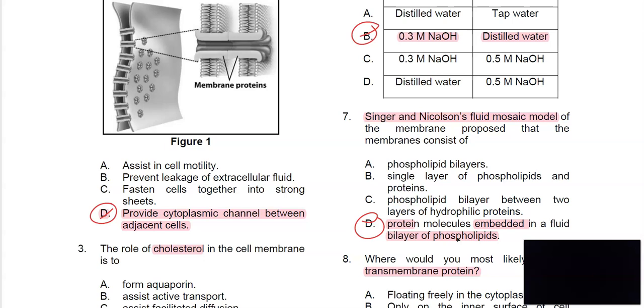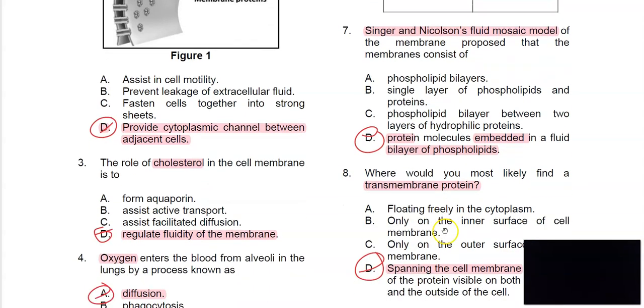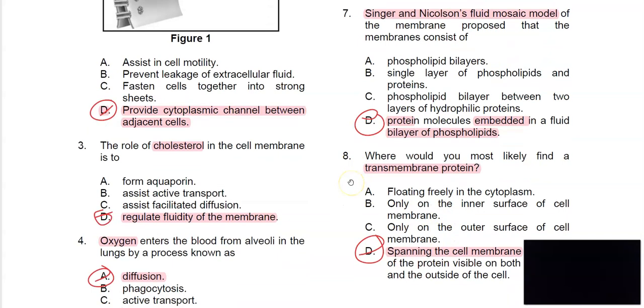Okay, so number 8, where would you most likely find a transmembrane protein? Transmembrane proteins are membrane proteins that are embedded in the phospholipid bilayer of the membrane. Transmembrane proteins are also known as integral proteins.